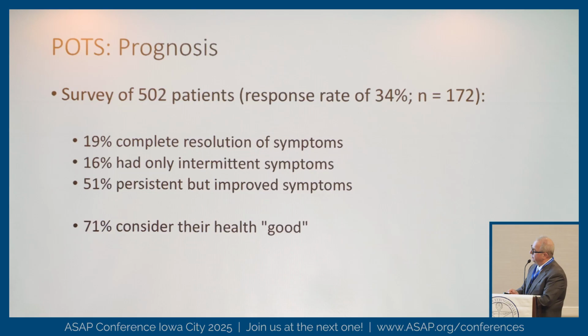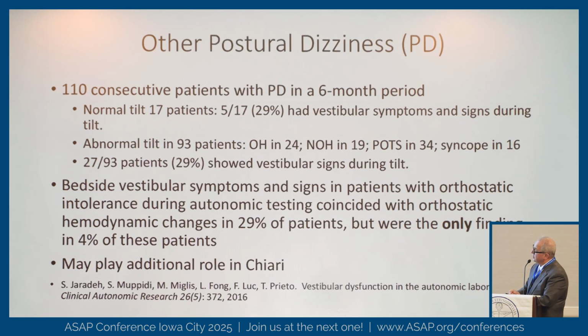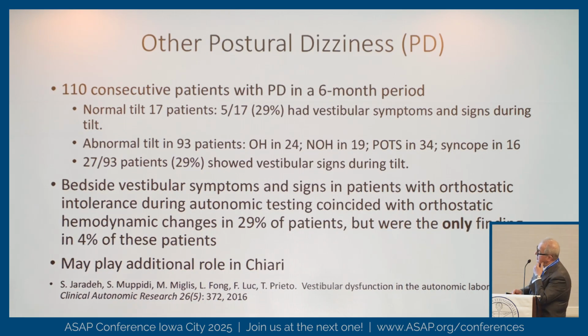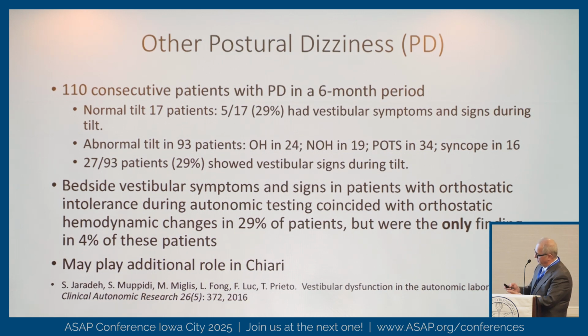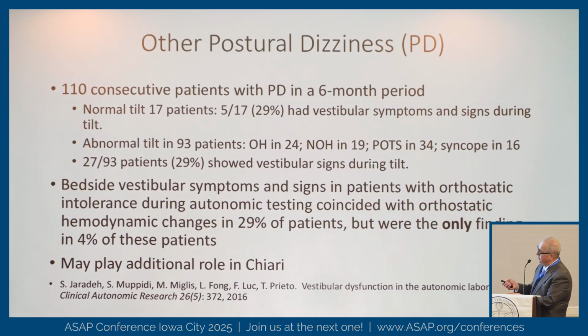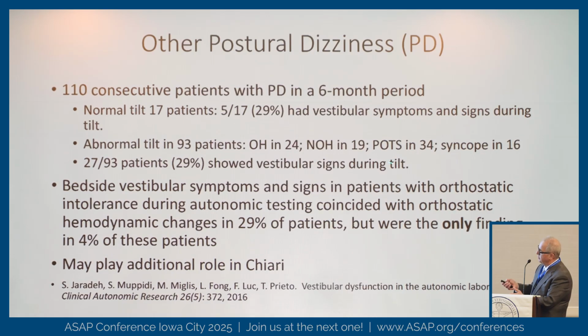So out of consideration for the next speaker, I just wanted to show you about this study we did. Basically, we looked at 110 patients who had postural dizziness in a 6-month period, and we did tilt testing on many of these patients. And 17 of them had normal tilt, but 93 had abnormal tilt with a variety of forms: orthostatic hypotension, neurogenic orthostatic hypotension, and POTS.